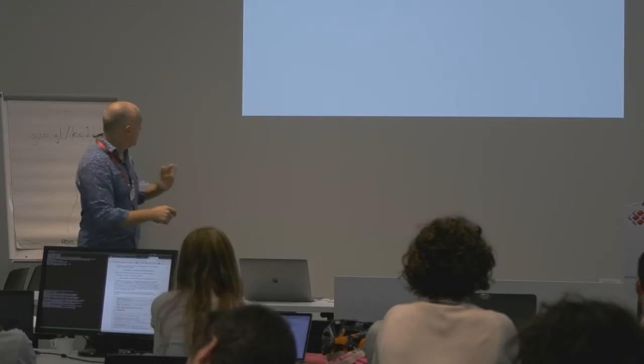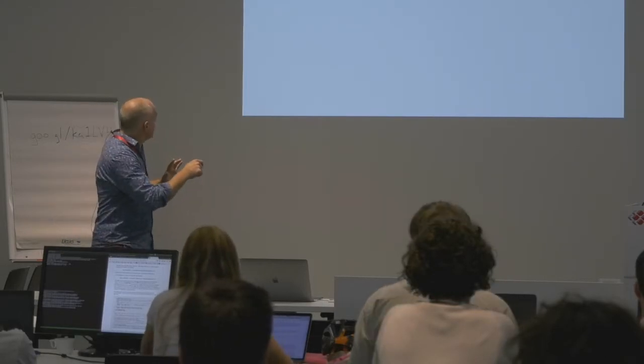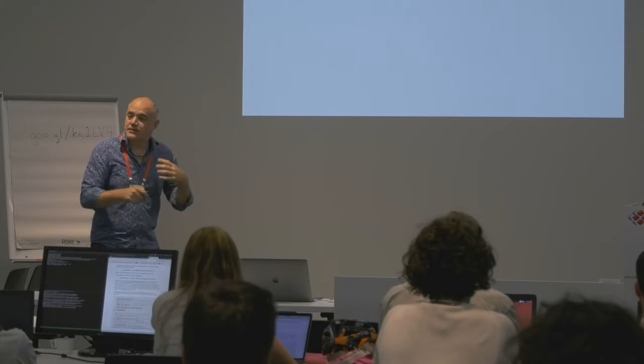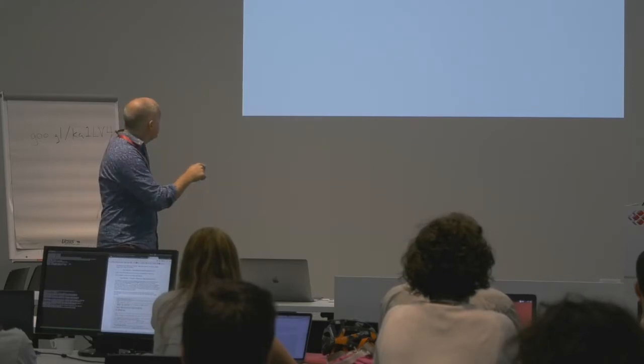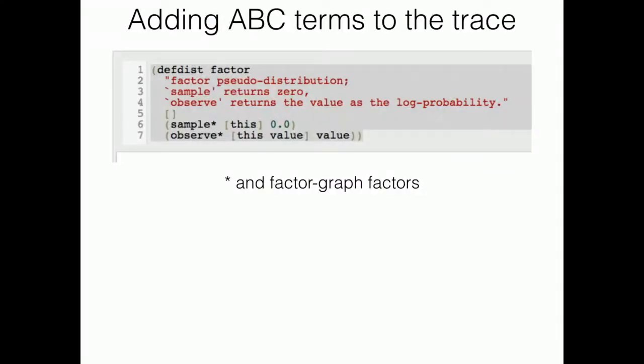Okay, so the point is that this is a factor, this is a distribution that takes no arguments and simply puts the value of the observed quantity. So when we write, we know this, and we'll see this again. When we write observe normal 0, 1, 7, we know that this puts on the trace the log probability of 7 under the normal 0, 1 distribution.